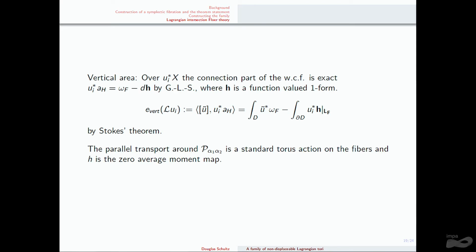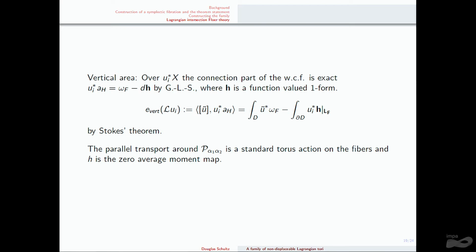Okay? And then I'll explain very quickly. So, the parallel transport around some moment torus in the base. And this connection, well, it's actually the trivial connection.